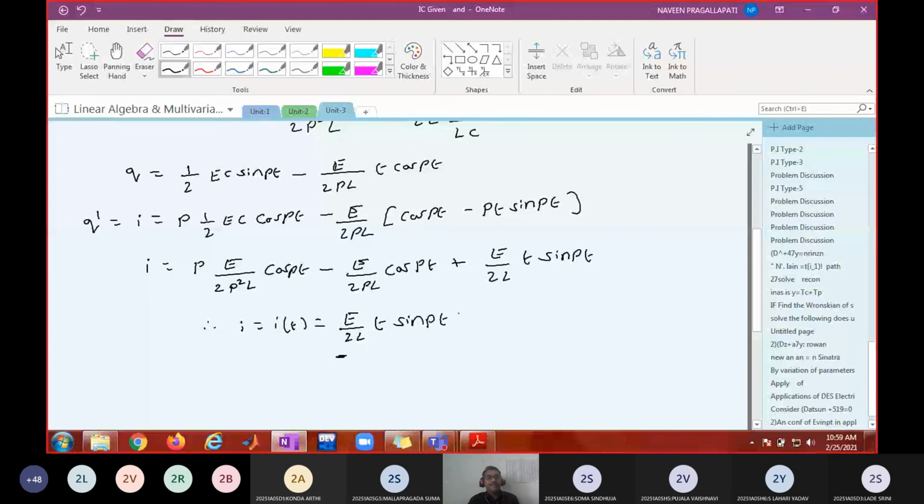Now this is correct, right? And all the remaining problems are similar to these two models, first problem or second problem.